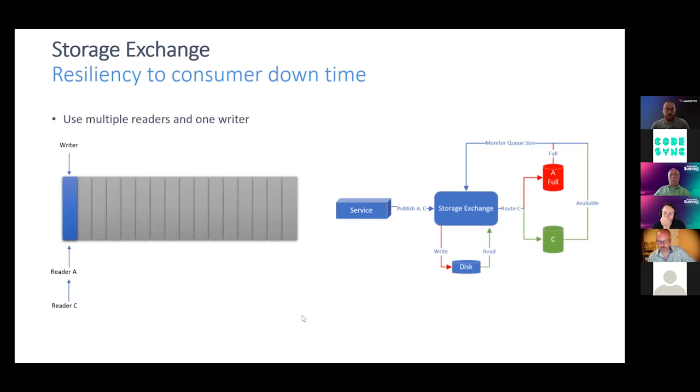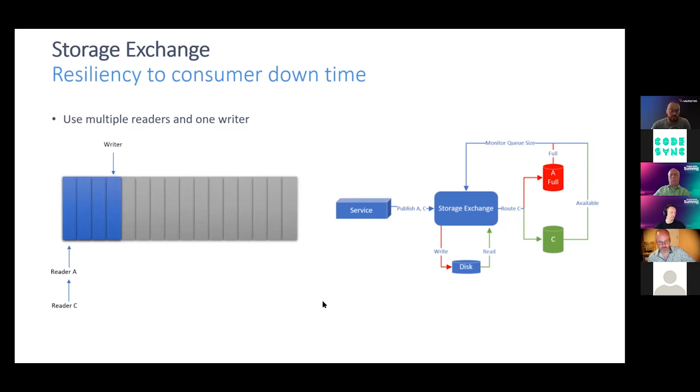Let's go back to our illustration. Let's say A is full. In that case, the storage exchange is going to write the messages to the disk, and it's going to write them in chunks, in fragments. It's going to do that as long as A is at or above the limit.